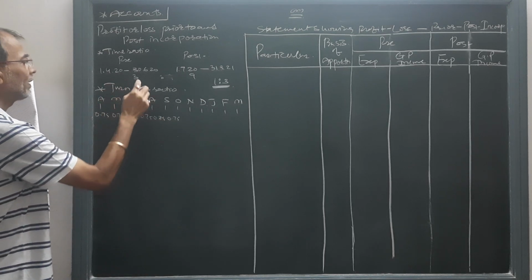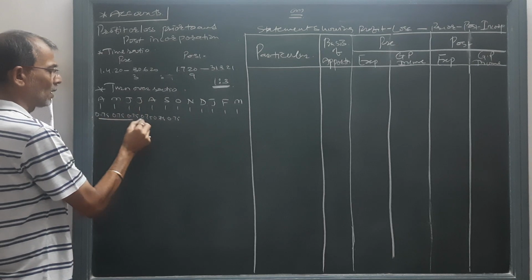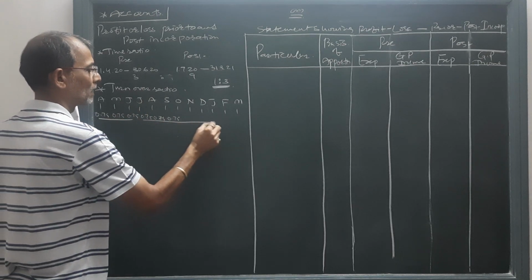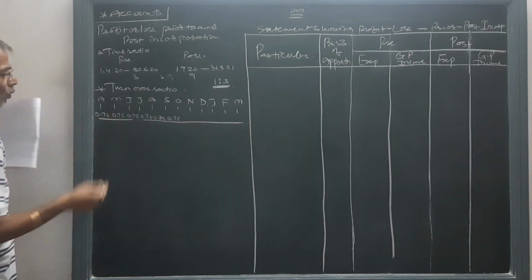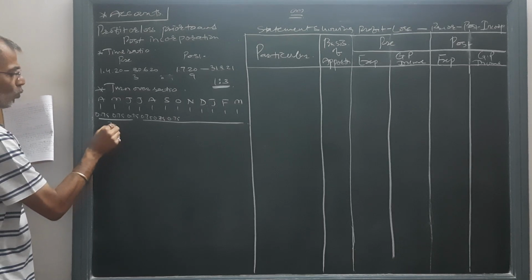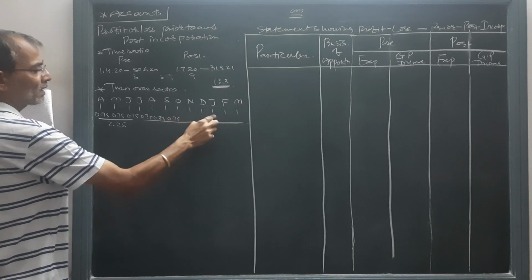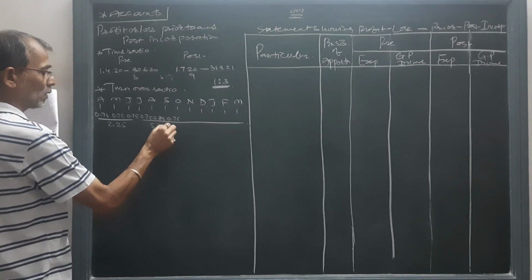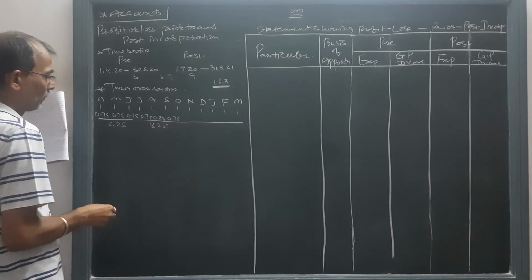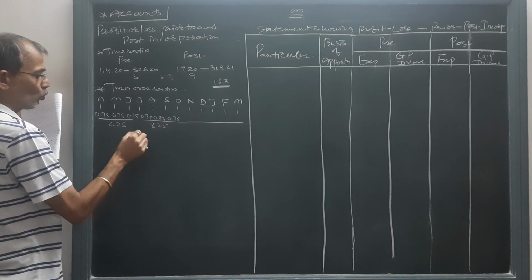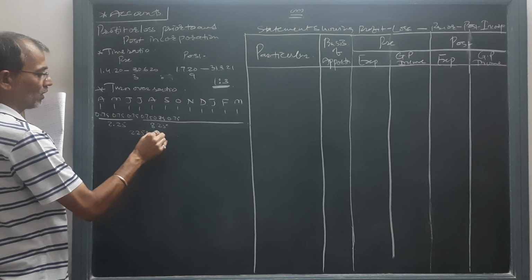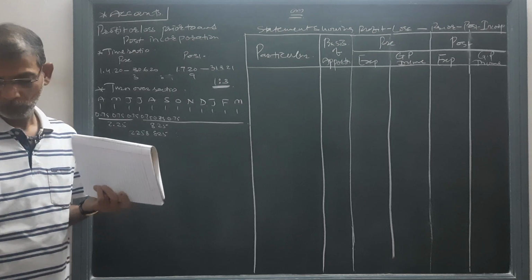Now our pre-period is 3 months and post-period is 9 months. So this will be 2.25, and 2.25 plus 6 is 8.25. That means the ratio 225 to 825.